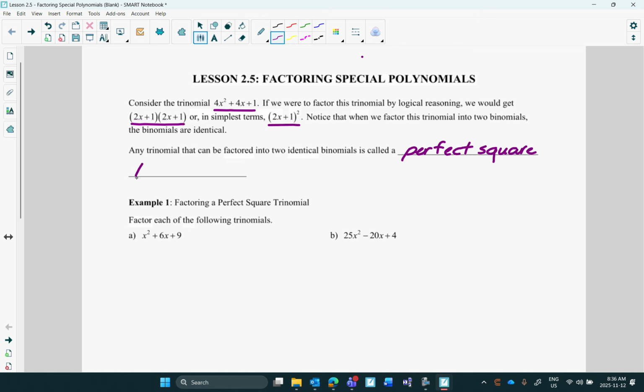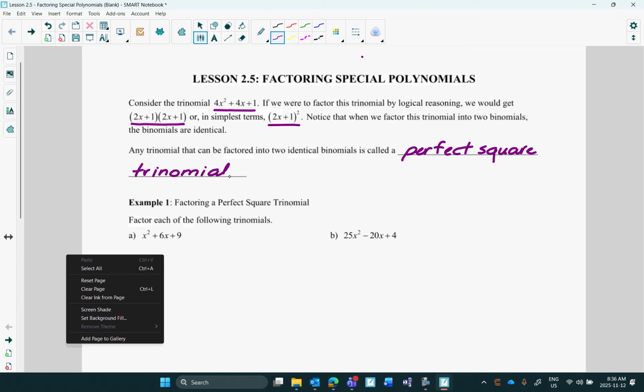Which makes sense because remember, when we talked about perfect square numbers, a perfect square is any number that can be written as some other number times itself. So 25 is a perfect square because 5 times 5. 81 is a perfect square because 9 times 9.